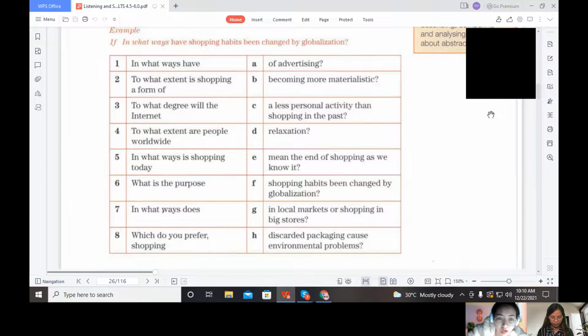To what extent are people worldwide becoming more materialistic? I don't know how to answer this. Okay. So, how much do you agree that people worldwide are becoming more materialistic? How much do you agree or disagree? Yes, I agree, but I don't know how to explain it.